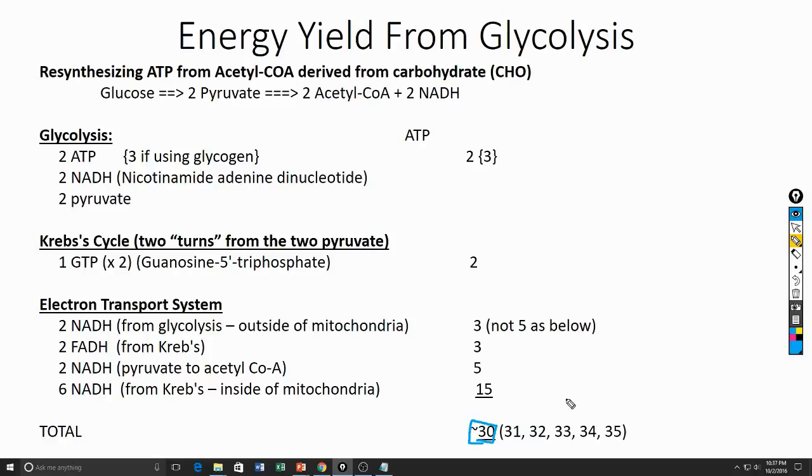That pyruvate needs to go and be converted into acetyl-CoA instead of lactic acid. This is going to be occurring at lower intensity rates.